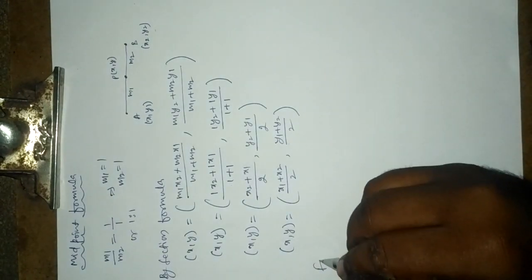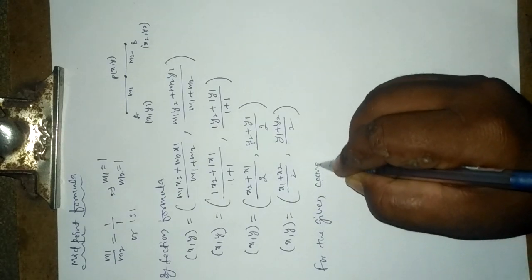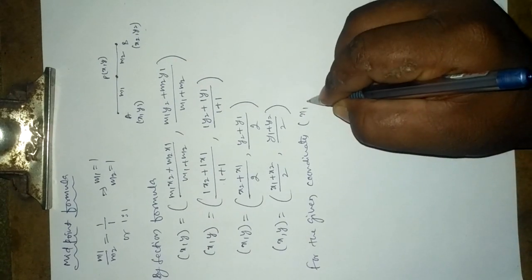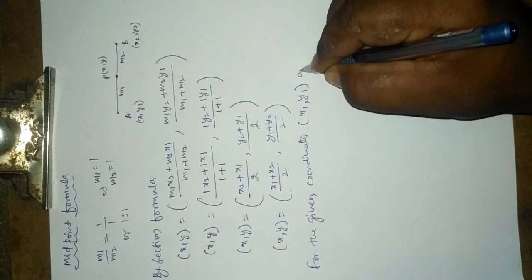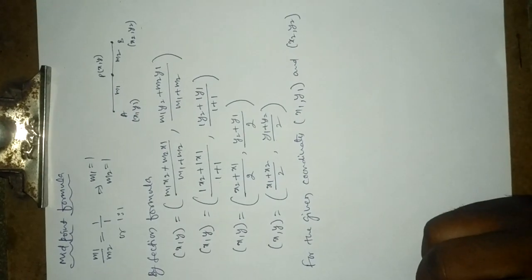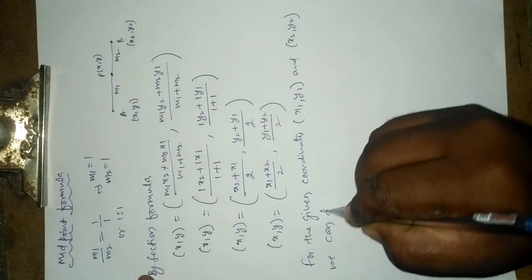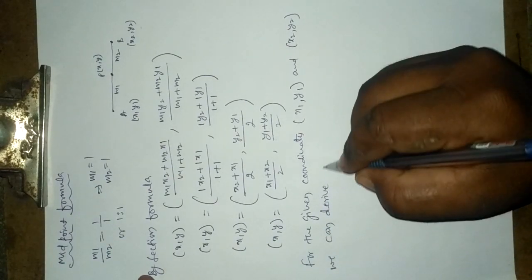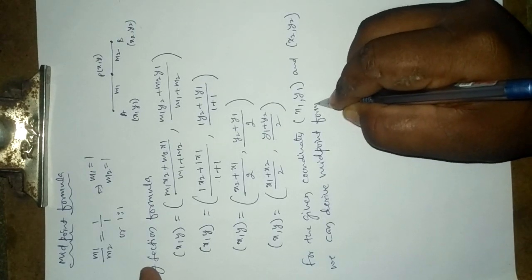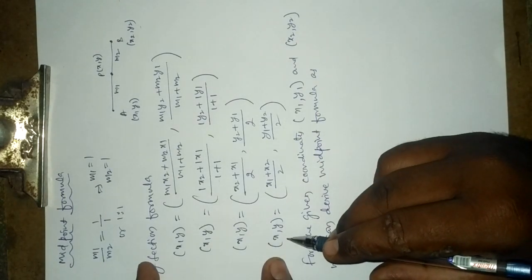So for the given coordinates x1 comma y1 and x2 comma y2, we can derive the midpoint formula as follows: x comma y is the midpoint.